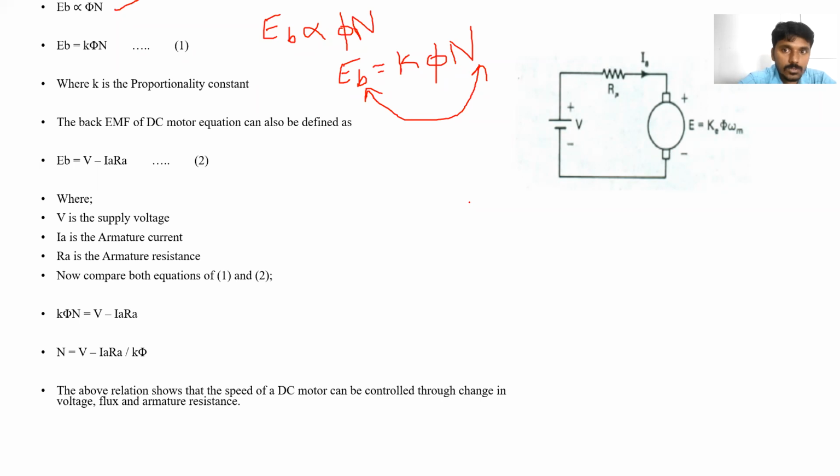Okay. So this is the basic equivalent circuit diagram of the DC motor.